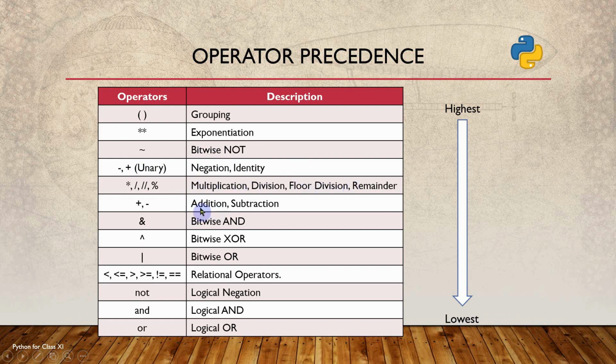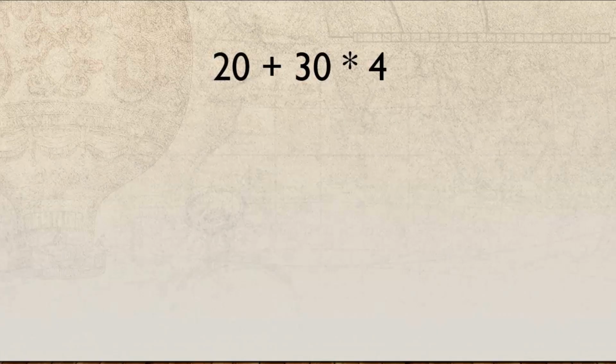The next goes to addition and subtraction. Next precedence goes to bitwise and, bitwise XOR, bitwise OR. After that we have the relational operators. Then we have the precedence for logical negation, then logical AND, and the least precedence goes to logical OR.